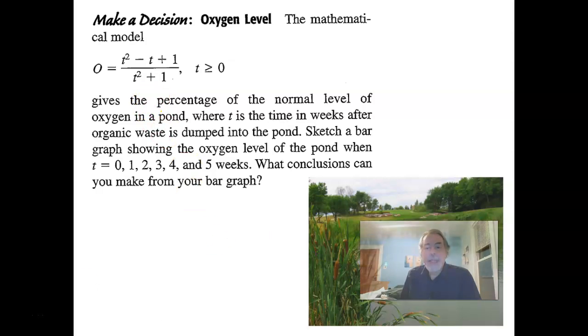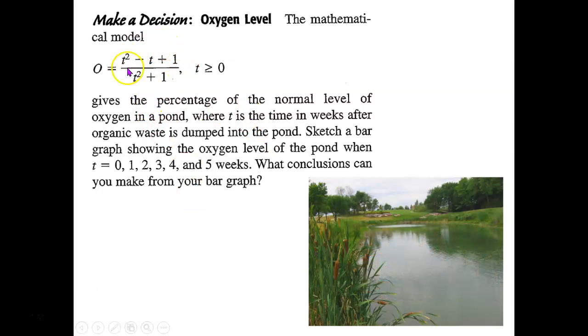So here's one example of a rational expression that I found in an example problem in one of my math textbooks. This is supposed to represent the percentage of the normal level of oxygen in a pond, where t is the time, how many weeks it's been since some organic waste was dumped into the pond. We don't have to worry about the details of exactly what's going on here.